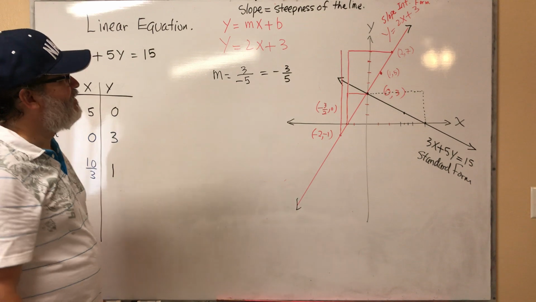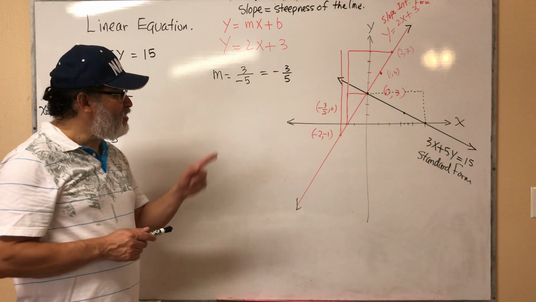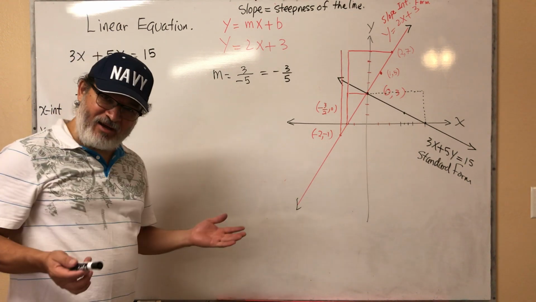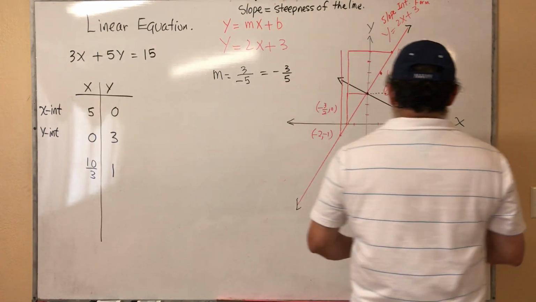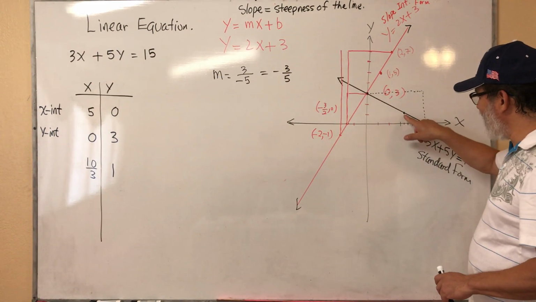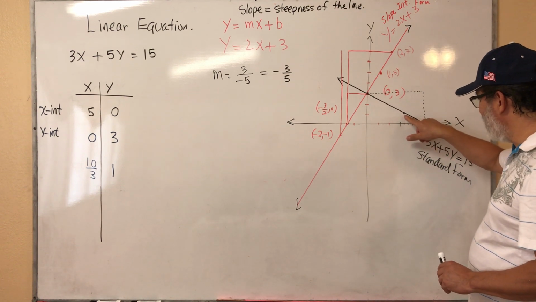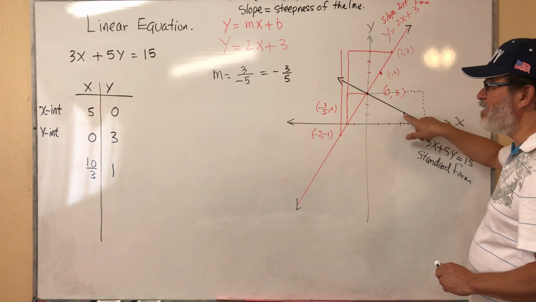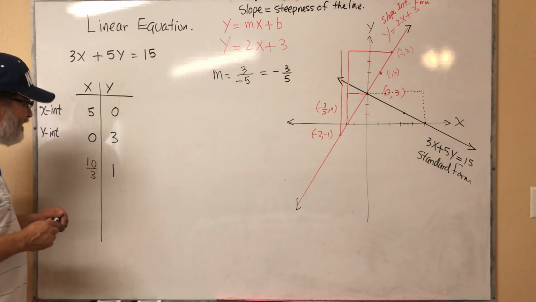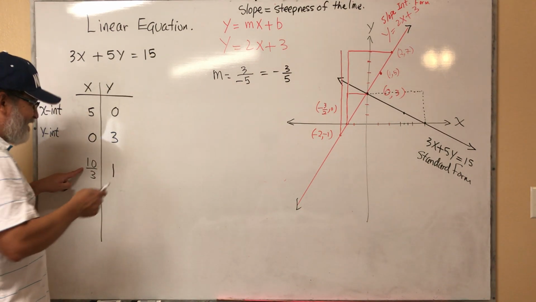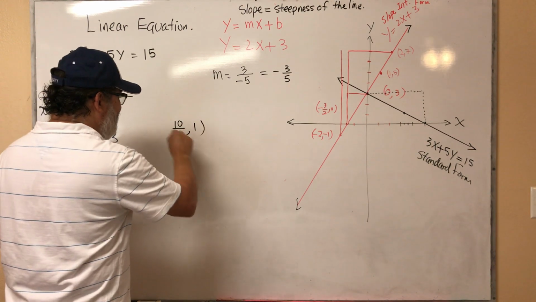Now, do you want to find the slope using the formula? Sure, no problem. Which points do you want to use? Do you want to use this one and that one just to make it more interesting? Okay, what is this point? This point is 10/3, comma 1.